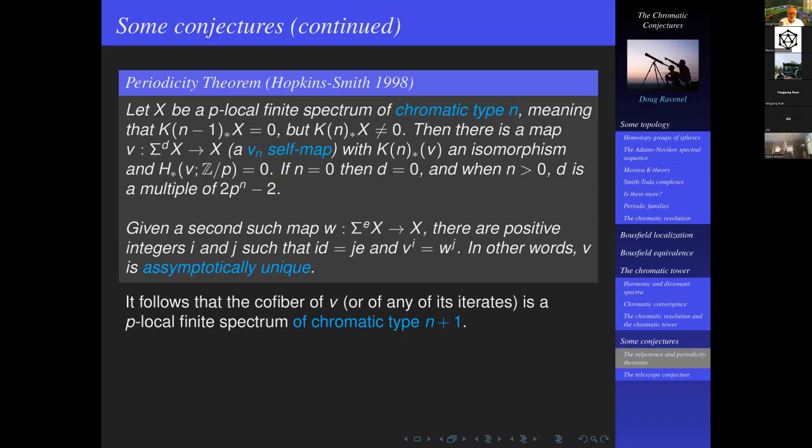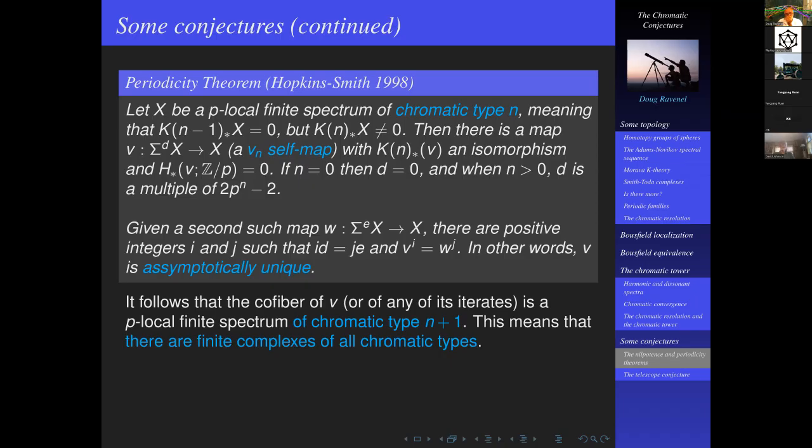Now, it follows that the cofiber of this self-map little v, or any of its iterates, is a p-local spectrum of chromatic type n plus 1. So with that spectrum, we could do the same thing. We could look for a self-map of it that induces an isomorphism in the (n+1)th Morava K-theory, and so on.